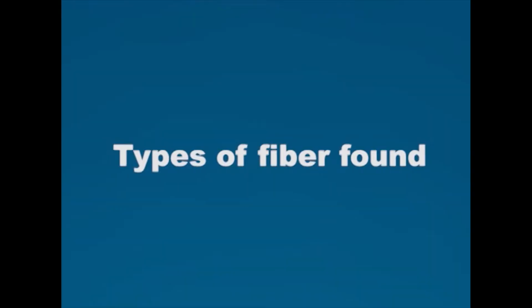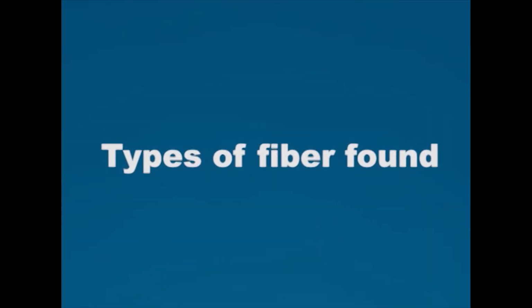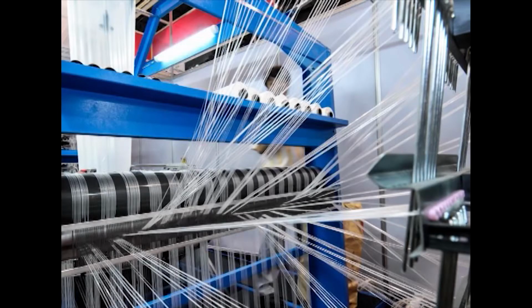Coming to the type of fibers found. Type or types of fiber found. The probative value of the fiber evidence found at the scene of crime is affected by its rareness or commonness. In textile production, cotton fibers are the most commonly used fibers of plant origin.